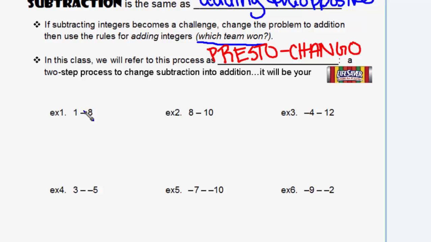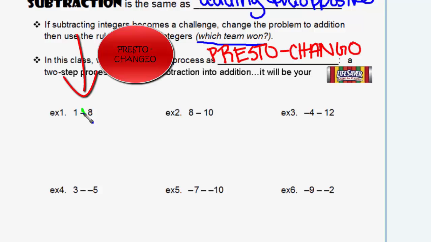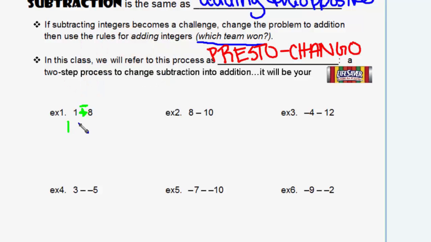So if you have 1 minus 8, this would be an example of a problem that people would freak out at, and they would pull their calculator out and just type that in. But if you use Presto Changeo, it's not going to be that bad. Presto Changeo is when you take your subtraction sign and you change it to add the opposite. So now I'm going to rewrite it: 1 plus a negative 8.